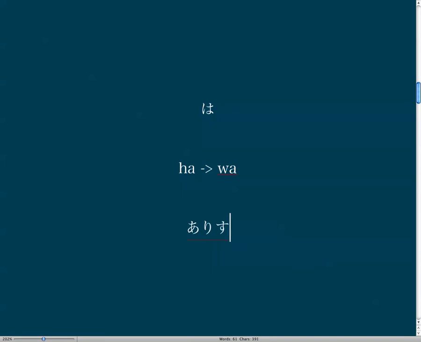Examples. Alice wa gakusei? Is Alice a student? And we could reply with gakusei.